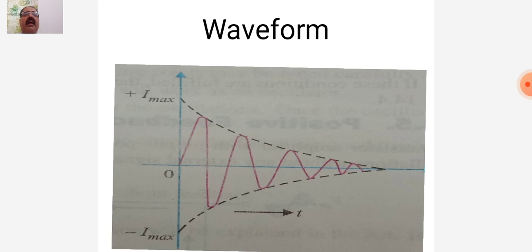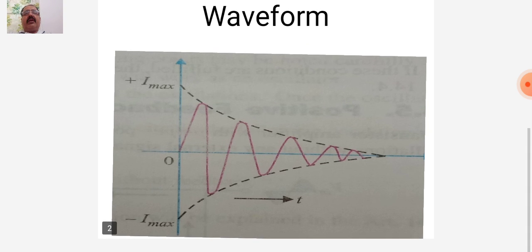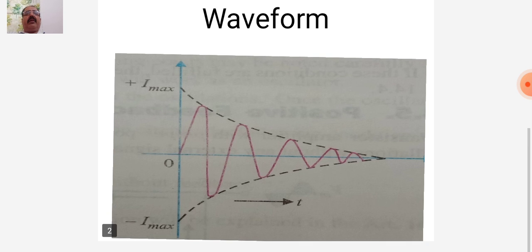It is clear that the frequency of oscillation in the tank circuit is inversely proportional to L and C. This can be easily explained.